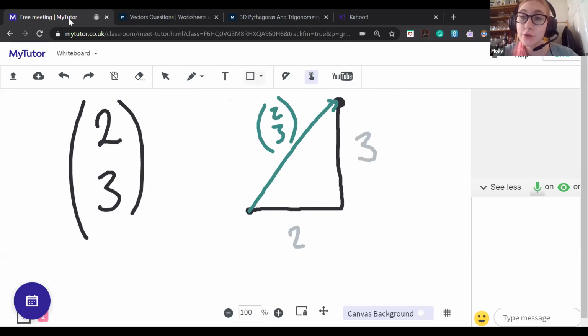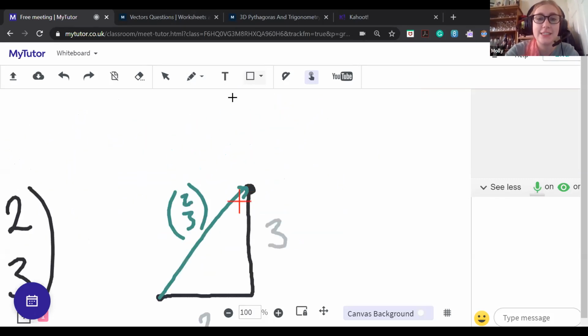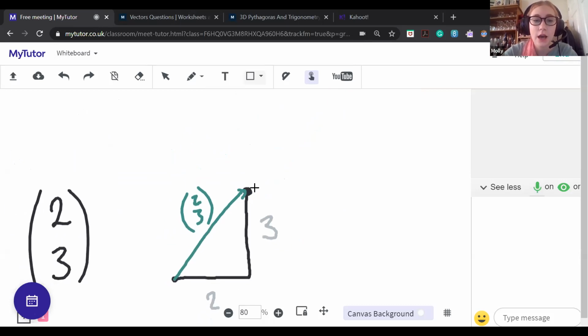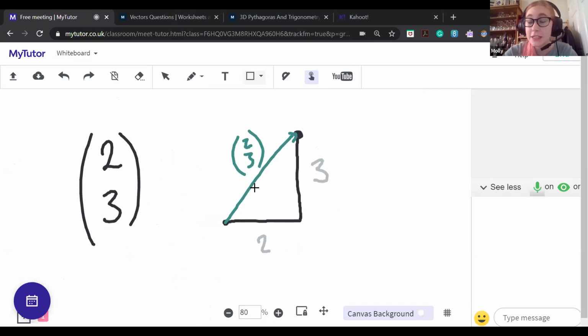The reason that it's useful to write it like this is because we can't always talk about things in terms of coordinates and in terms of graphs. For example, we might not start at the origin and say, well, I want to move by the vector 2, 3 again. And then you'd go up to the point 4, 6, but it's still by the same vector. The other reason is because some things just aren't graphical.